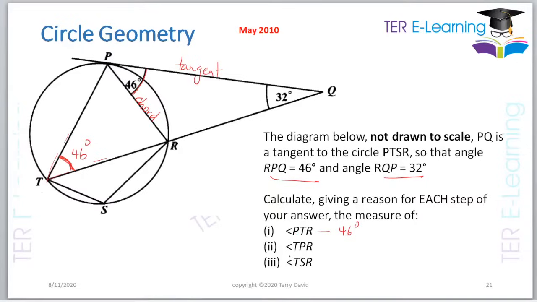The next thing they want us to find is TPR. Now TPR, where is TPR? So TPR is this angle here, right? How do we get TPR?